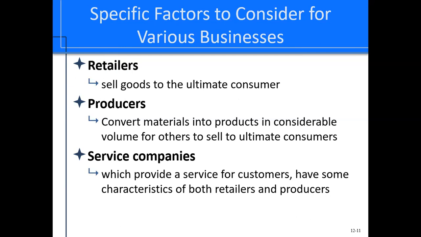Because of this, we try to fit the location to the type of business. Retailers want to be closer to the end user, the ultimate consumer. So do service companies.